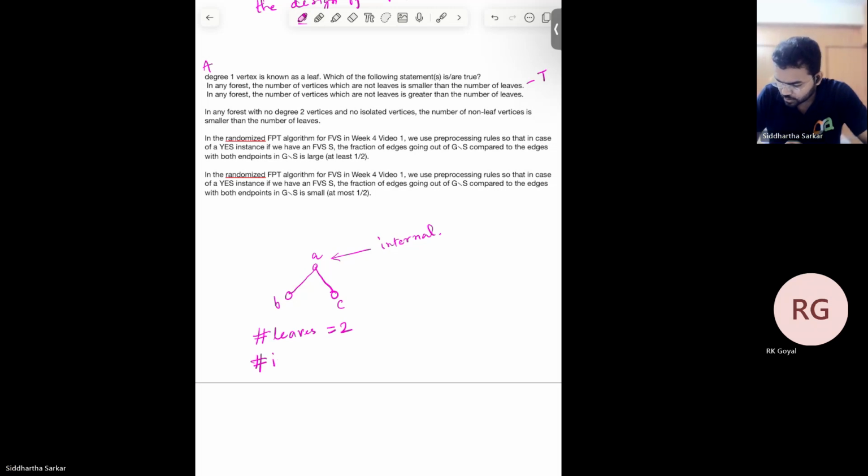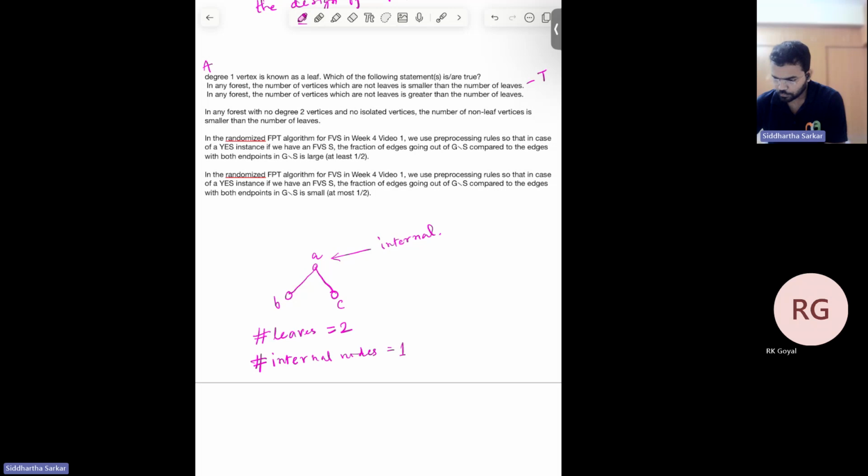I think my iPad has become older. The number of internal nodes is only one. So there are more leaves than internal nodes, but the statement is that the number of vertices which are non-leaves is smaller than the number of leaves.